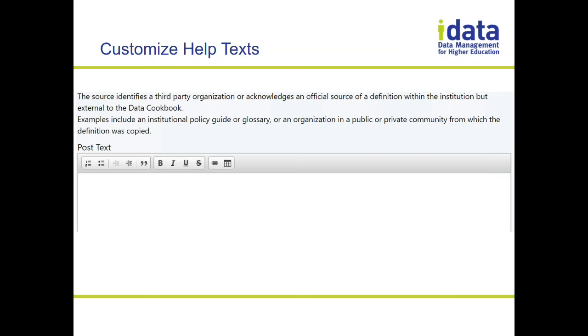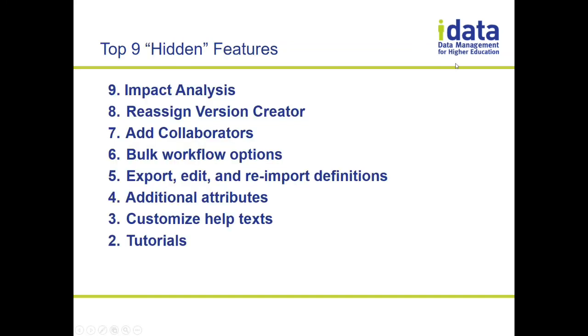So for the sake of time, let's look at this next question, but let me skip to the next. Right. Speaking of help information, we have also started to include tutorials within the Data Cookbook using a tool called WalkMe.